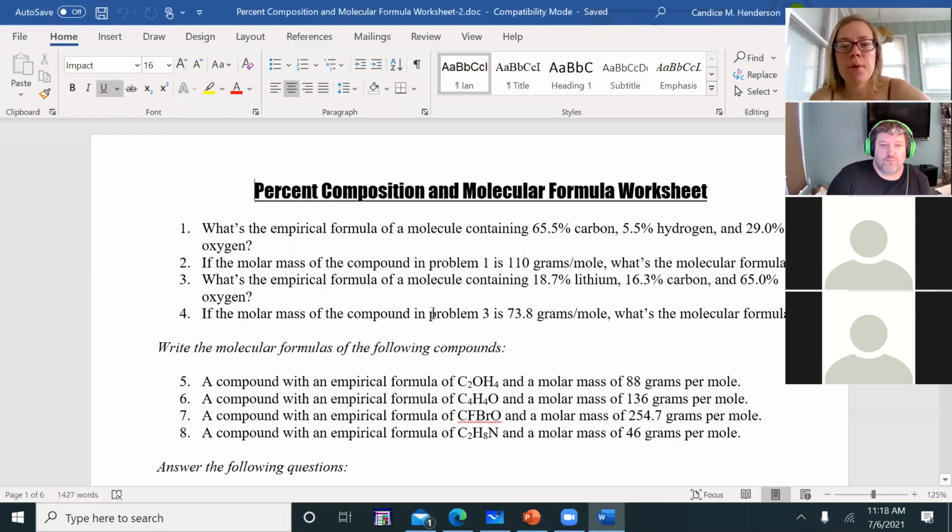So in this second problem, it says if the molar mass of the compound is actually 110 grams per mole, what is the molecular formula? Anytime it gives you molar mass like this, it's talking about the molecular molar mass, what's actually happening in real space.